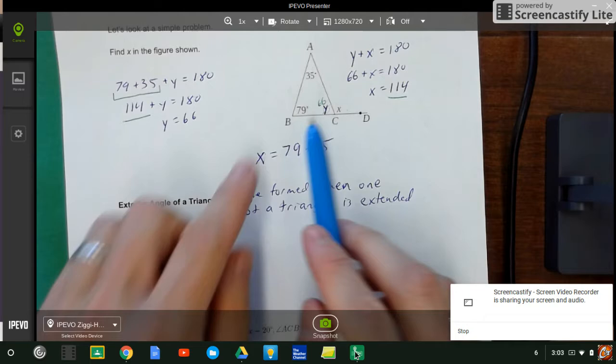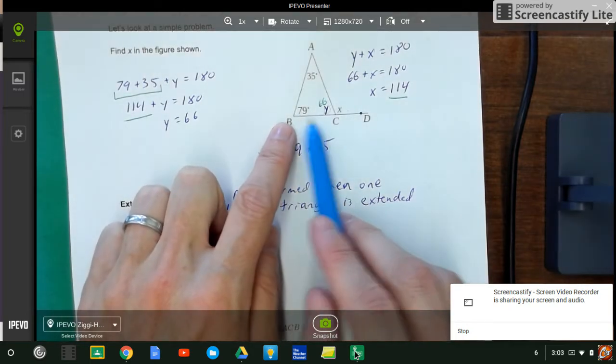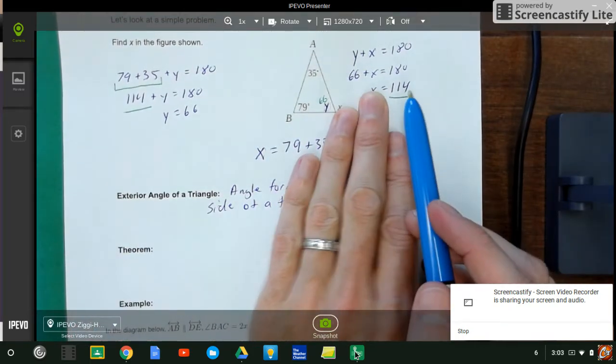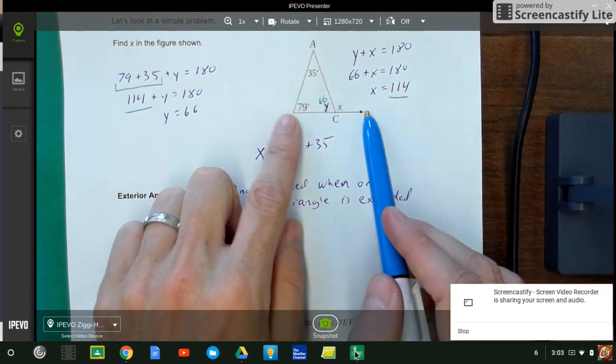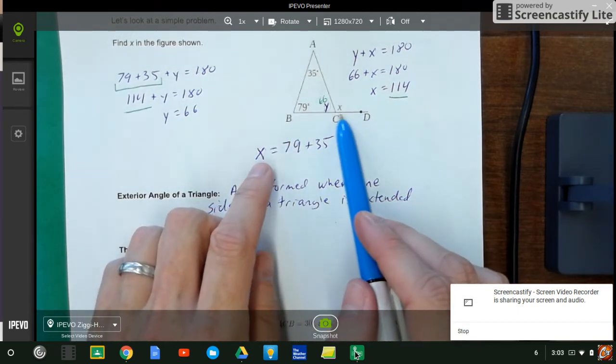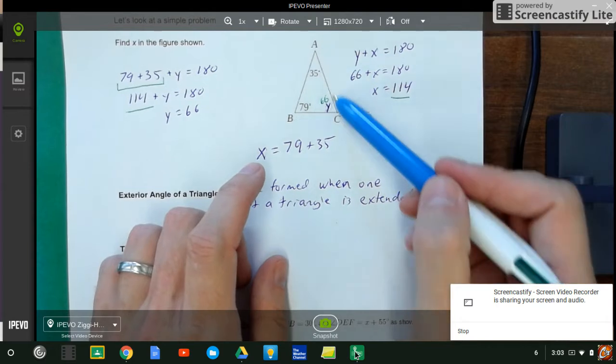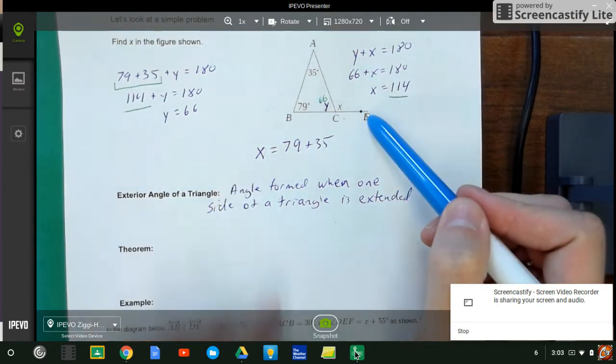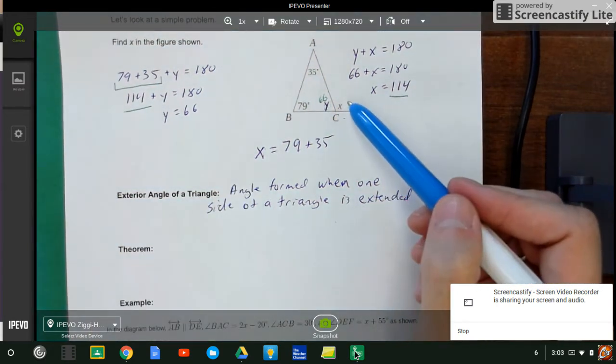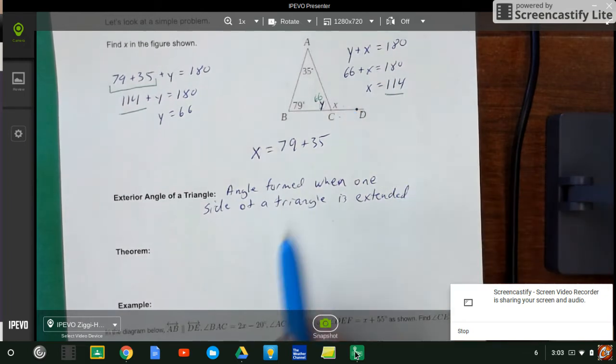So basically, if you take this side BC, if it were just regular triangle ABC and we didn't have anything here, and we stretched it out to D, so we extend BC through C to D, then this angle on the outside, ACD, is an exterior angle. Again, exterior means outside. So that's all it is.